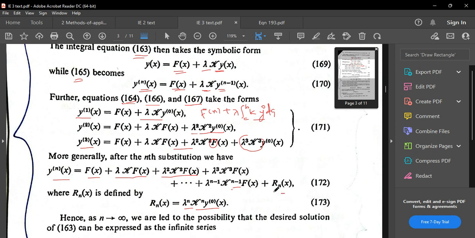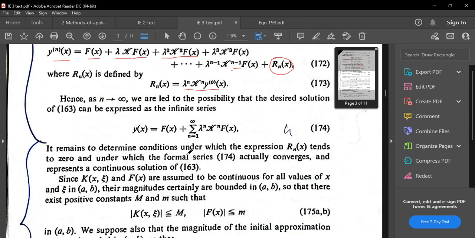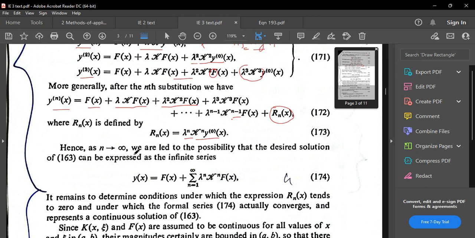So this last term we denote as Rn of x, the remainder, and proceeding further, as n tends to infinity, we will show that this Rn of x tends to 0, and thus we will get this form after so many iterations. After so many iterations, this yn of x will converge to y of x, and the right hand side will be capital F of x plus this summation, lambda raised to n script K n capital F of x, plus Rn is there, but as n tends to infinity, Rn goes to 0.